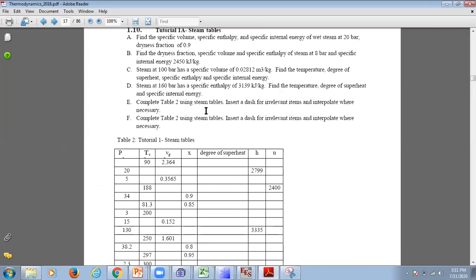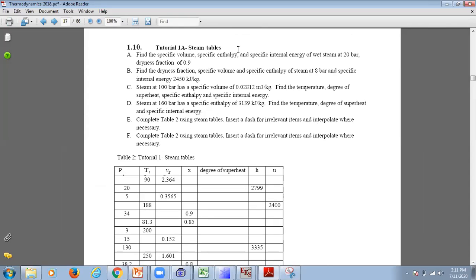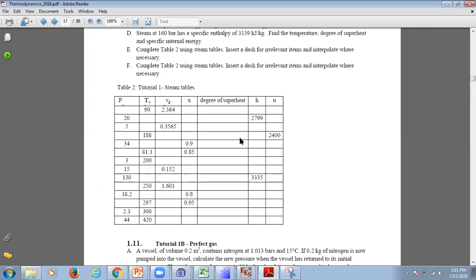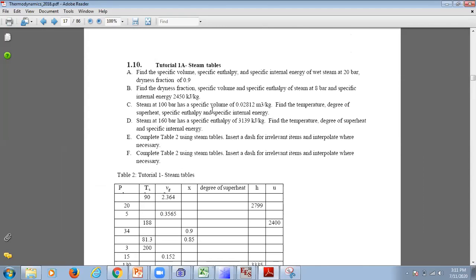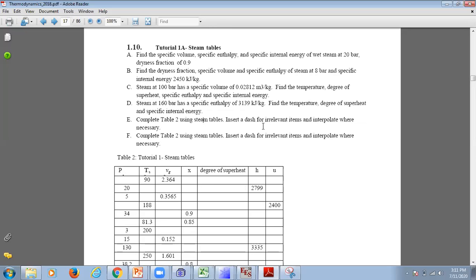Can you see this? This is somehow the page number, page number 17 of your notes. This is a very good exercise to drill.